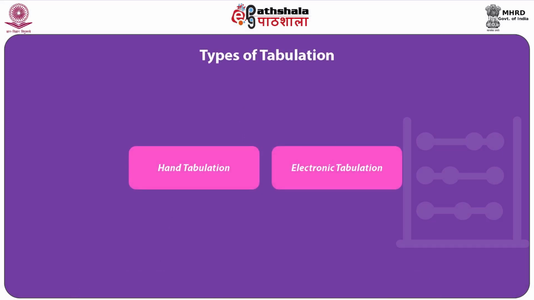Hand tabulation is the first one. This is done manually and is usually preferred in the case of small size data, namely a small number of questionnaires or schedules, as well as fewer questions or information collected through such instruments.